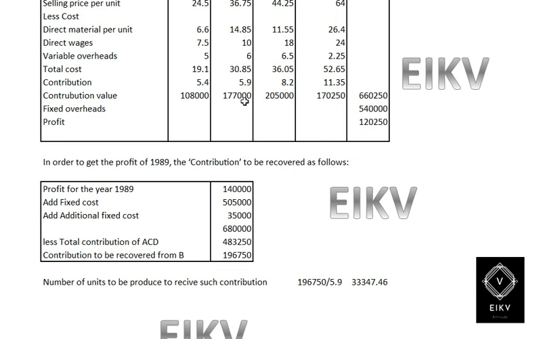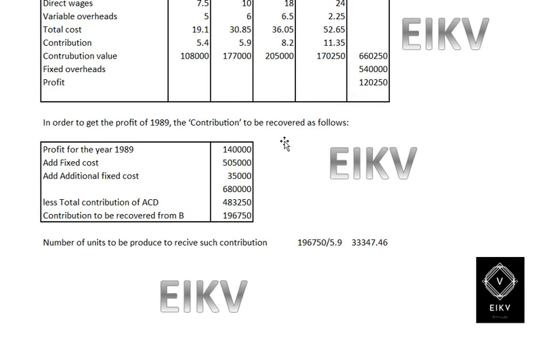That is when the contribution value of 1,08,000 plus 1,77,000 plus 1,70,250 will get you 4,83,250. Then therefore we will get the contribution which should be recovered from product B as 1,96,750.